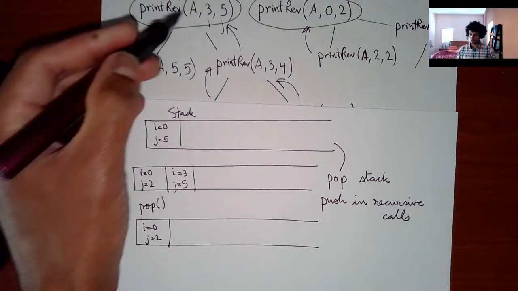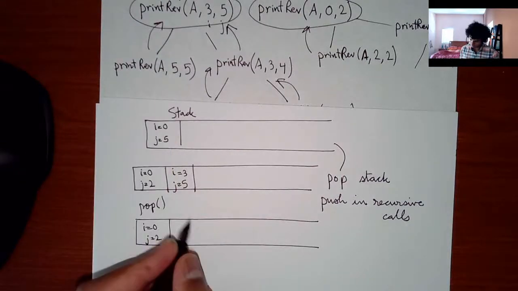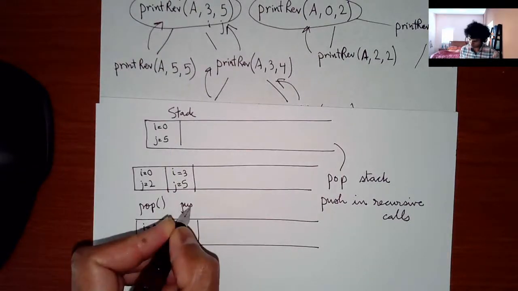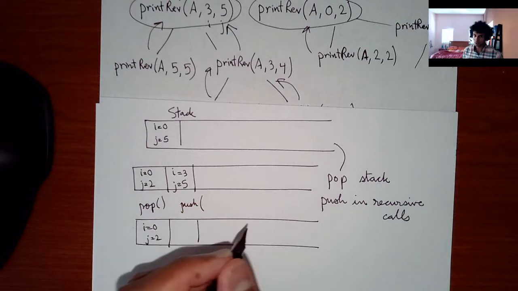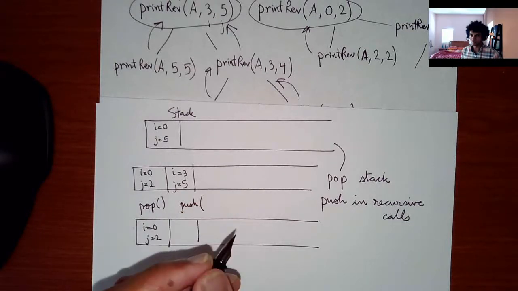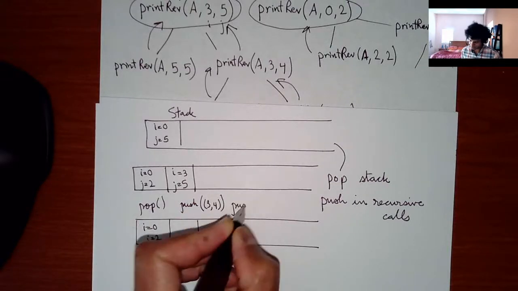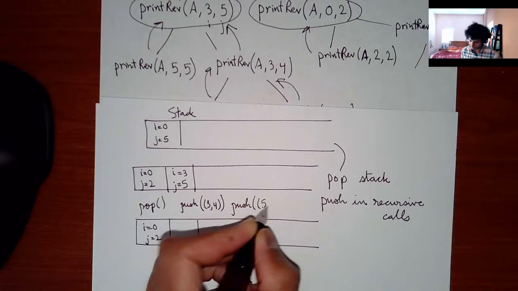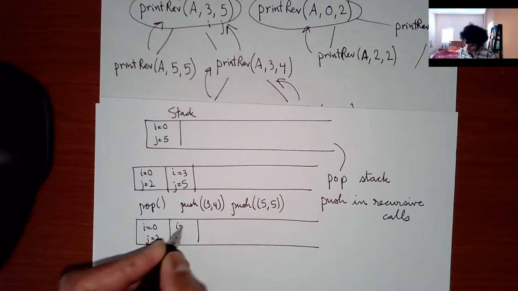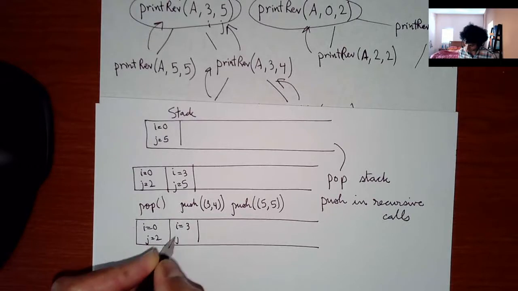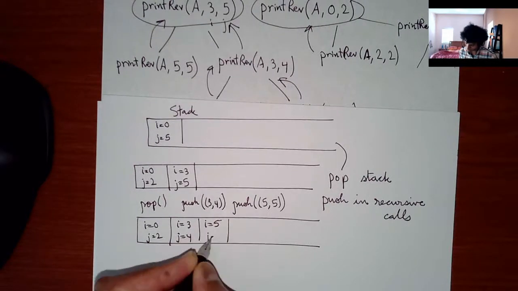It makes two calls, 3, 5 and 5, 5 and 3, 4. So I'm going to push the pair. I think of it as pushing a pair. I'm pushing the pair 3, 4, and then I'm going to push 5, 5. Remember, I pushed the second call first. So i is equal to 3, j is equal to 4, and i is equal to 5, j is equal to 5.